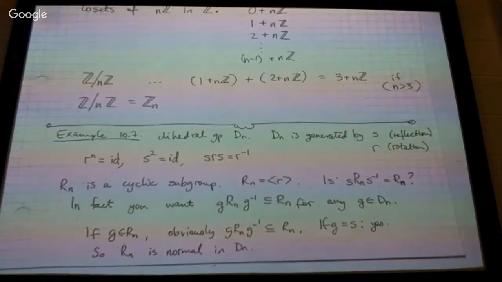In fact, I think I mentioned yesterday that any subgroup of index 2 is normal. So when you get exactly half the elements that forms a subgroup, then in fact, any subgroup of index 2 is normal. Try to prove it on your own as an exercise. You put that as an exercise 10. Did I?